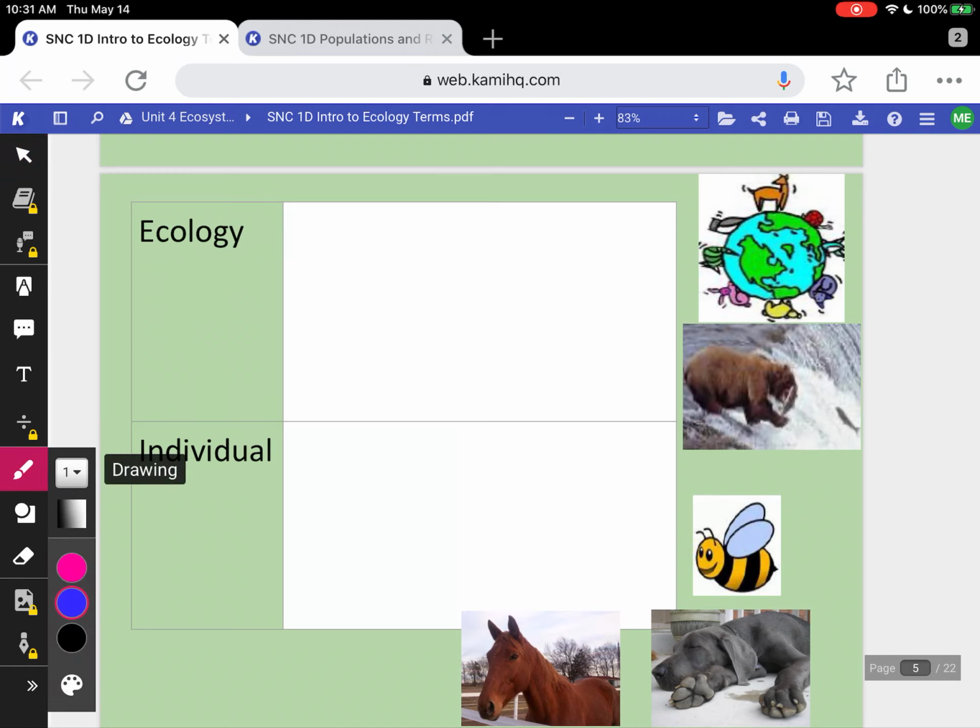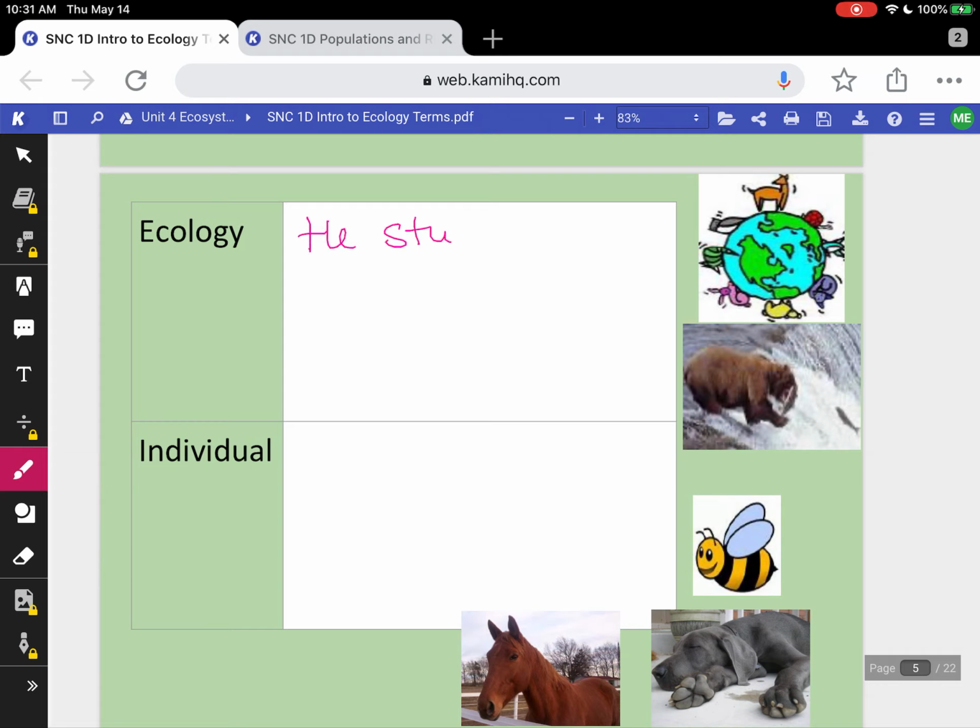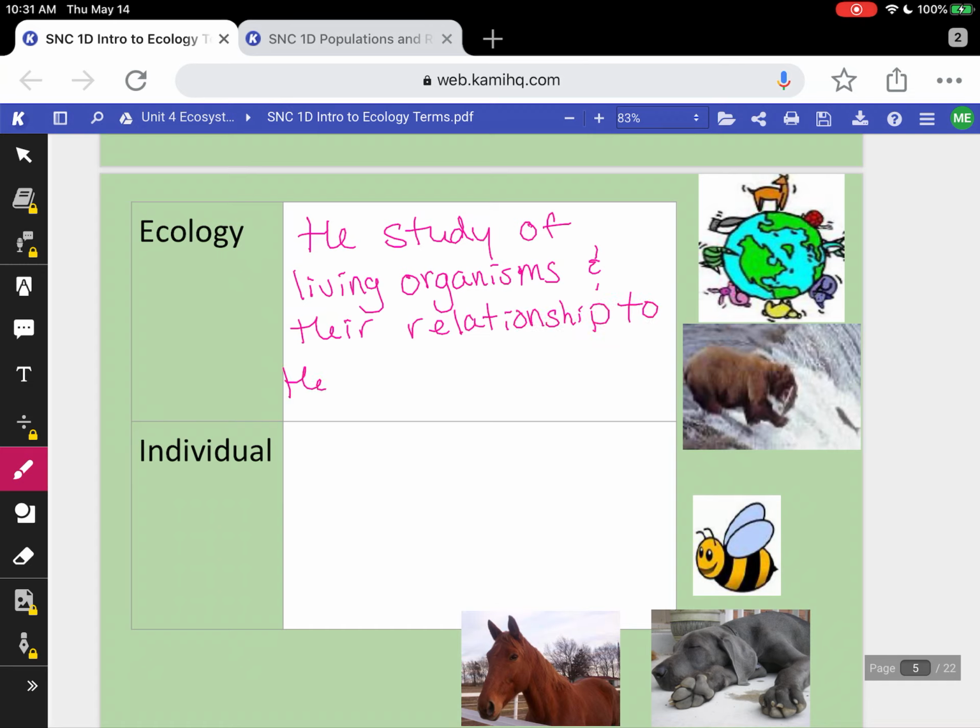All right, so then ecology is the study of living organisms and their environment. So ecology is the study of living organisms and their relationship to their environment.